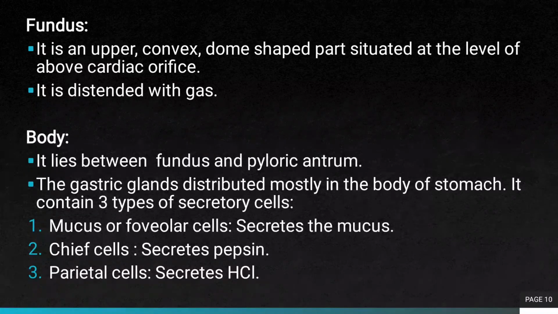HCl destroys bacteria. Mucus is for protection of the stomach wall from the secreted HCl, and there are G cells, which secrete gastrin, which helps the mucus or foveolar cells to secrete mucus.